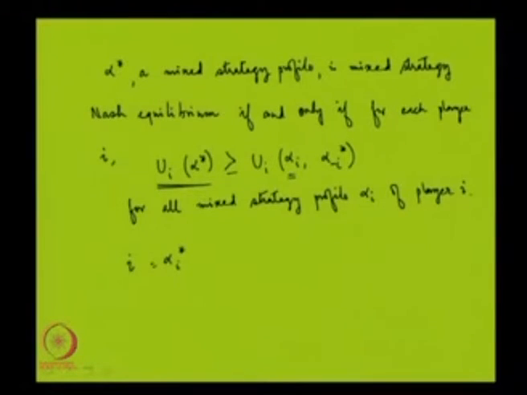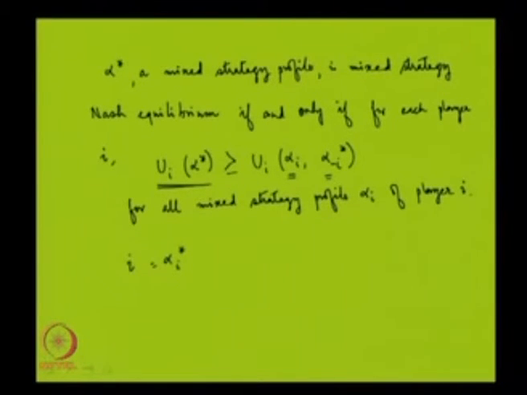That representative mixed strategy which he can play is denoted by alpha I, given that the rest of the players are sticking to their star mixed strategies, that is, the other players are playing alpha naught I star. If this is satisfied, then we say that alpha star is a mixed strategy Nash equilibrium. So, this is the definition.